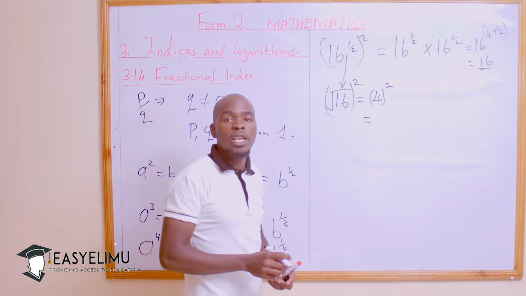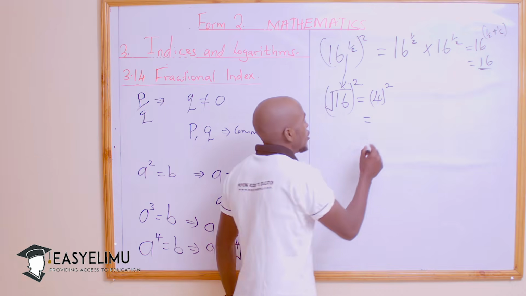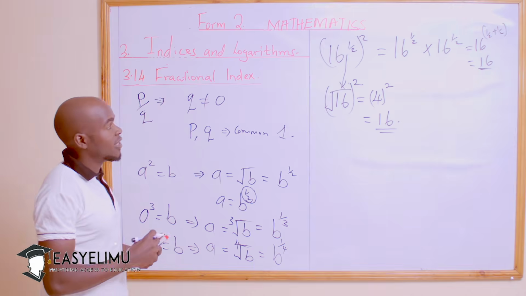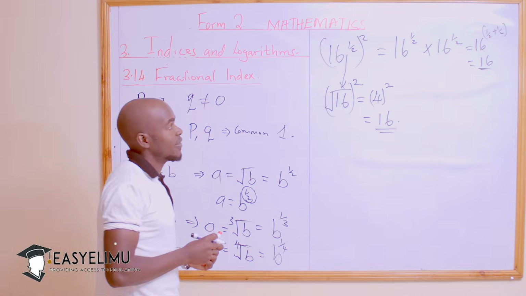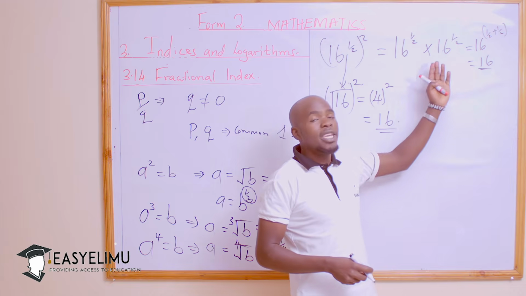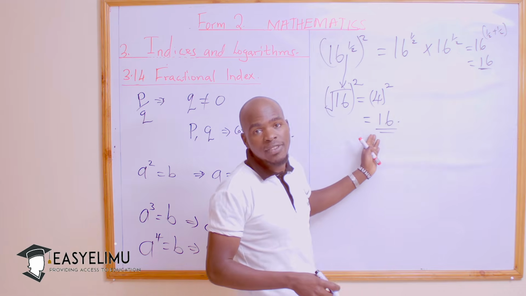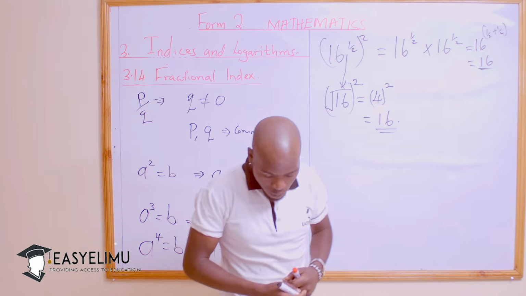And 4 being squared, or 4 multiplied by itself twice, you will find your answer being 16. So 16 raised to a half squared, you will find the answer is 16. Whether you work it the other way or you work it directly using the fractional index, you will still get the same value.